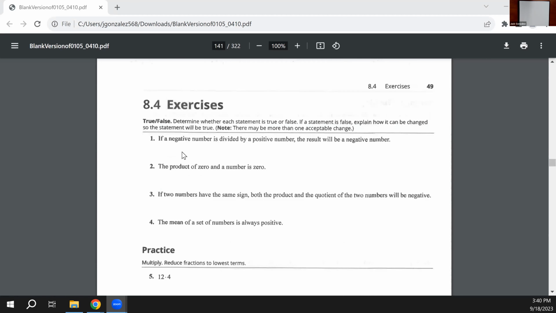So -7 divided by 20. Right, 3.4, number 1. A negative number divided by 20, will that result in a negative number?